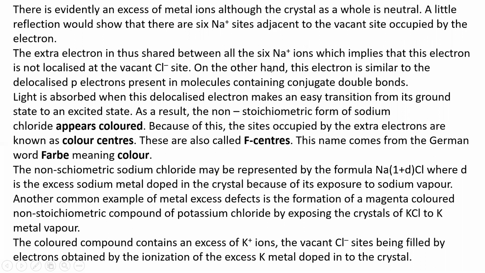On the other hand, this electron is similar to the delocalized pi electrons present in molecules containing conjugated double bonds. I'll tell you in simple language, because all this given is more that you can study.